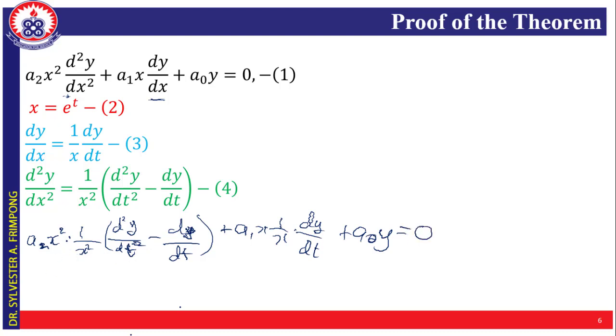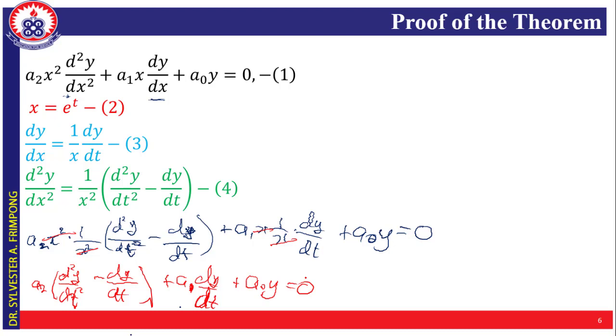And when you simplify this, this will cancel this. This will cancel this. And we are left with a2 into bracket d squared y by dt squared minus dy dt plus a1 dy dt plus a naught y equal to 0.